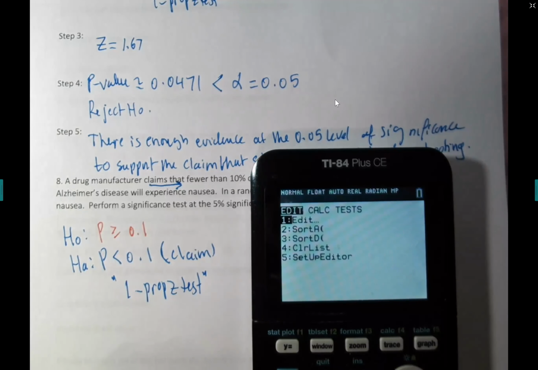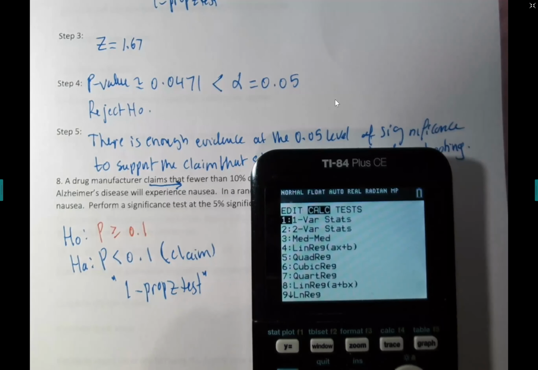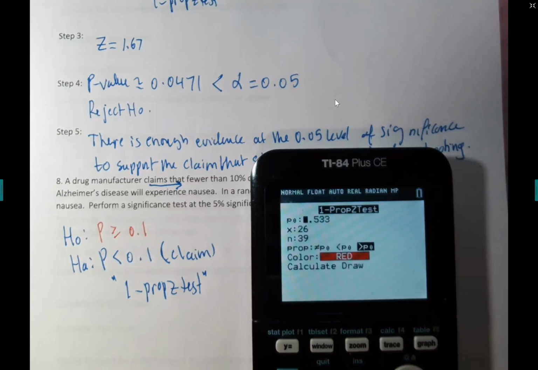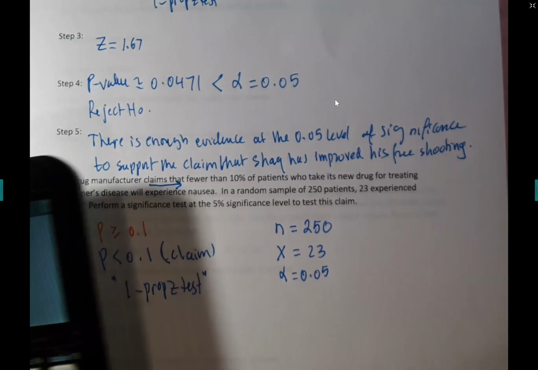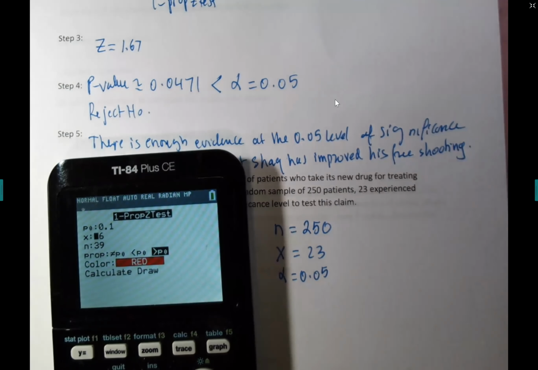Is p0 in this one 10%? Yep, okay, it is 10%. So 0.10. Let me just move to the other side. x is 23. n is 250.